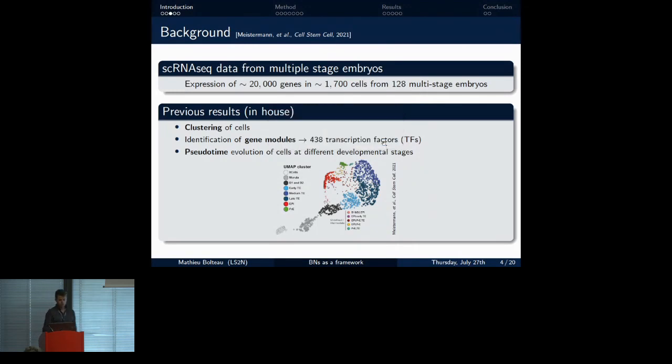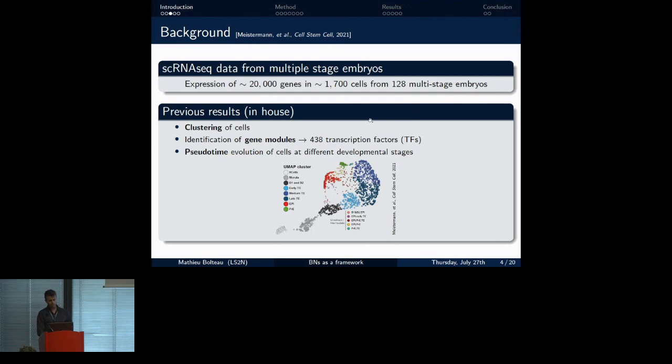Concerning the data, I have some single-cell RNA-seq data from multiple-stage embryos. More specifically, I have the expression of more than 20,000 genes in approximately 1,700 cells from different embryos.